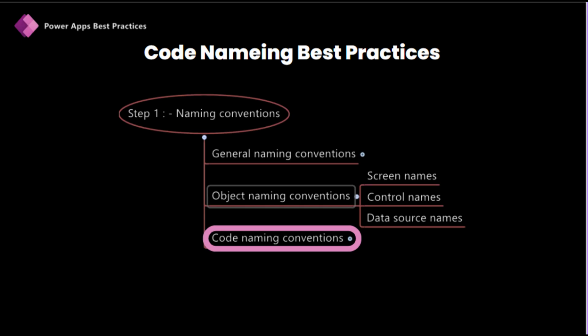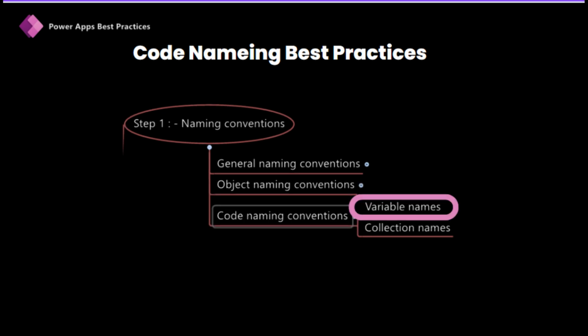Now we will discuss code naming conventions. As you add code to your PowerApps, it becomes increasingly important to use consistent naming conventions for variables and collections. If variables are named correctly, you should be able to quickly discern the type, purpose, and scope of each. Let's look into variable naming convention best practices.